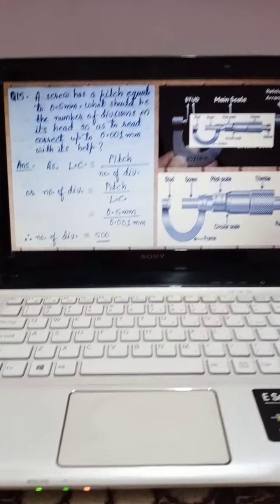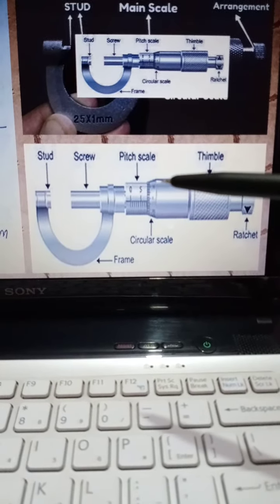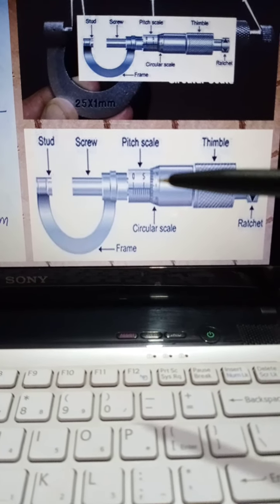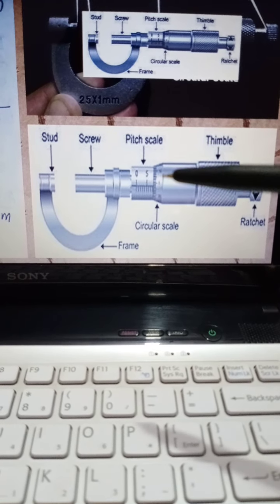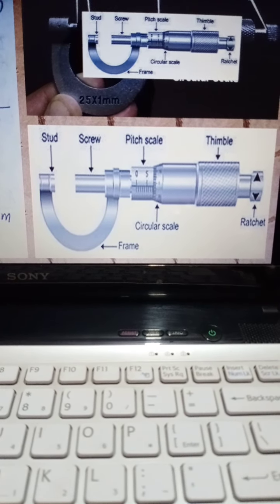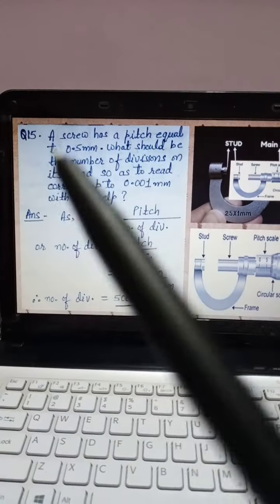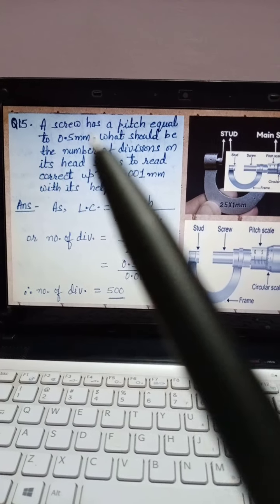So what does this mean? This means that this circular scale usually used to have 100 divisions, but for this particular question this circular scale is going to have 500 divisions. So according to the question, the pitch of the screw gauge equals 0.5 mm.